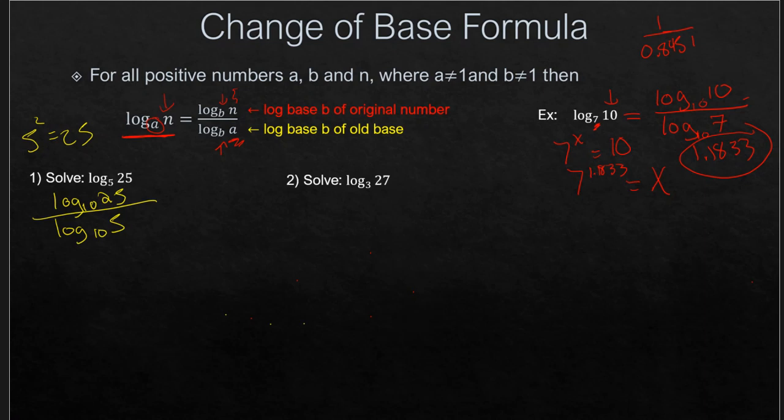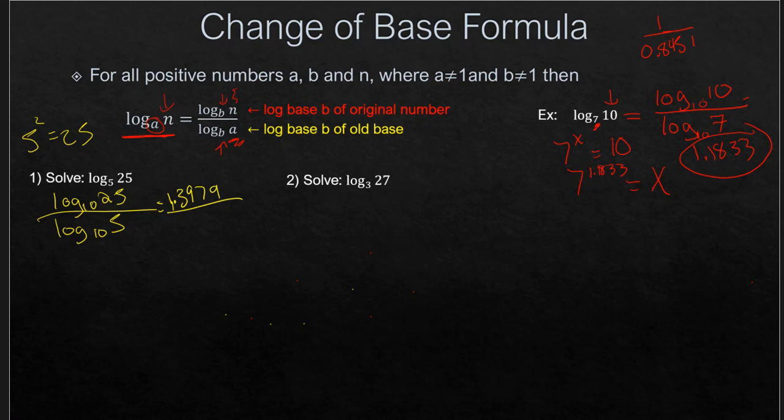Now, just like I said on the previous thing, you want to avoid thinking that this is going to be the log of 5, because 25 divided by 5, it's never going to happen, not with our friend the log, so don't do that. So you want to just do in your calculator log of 25, and that gives me 1.3979, and on the bottom we have log of 5.